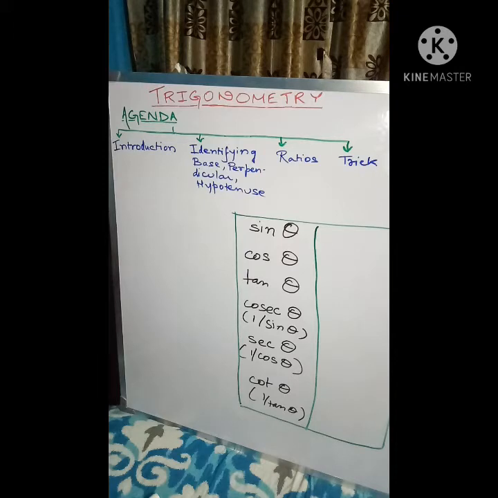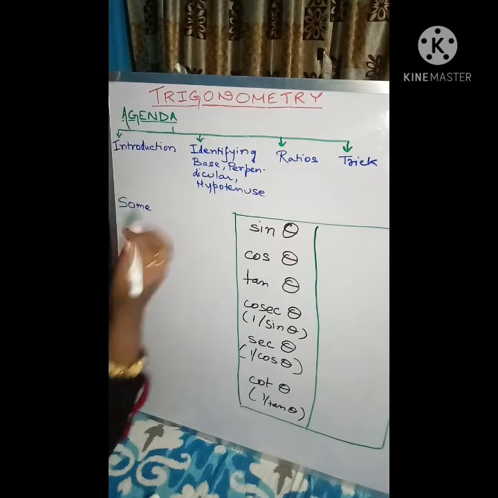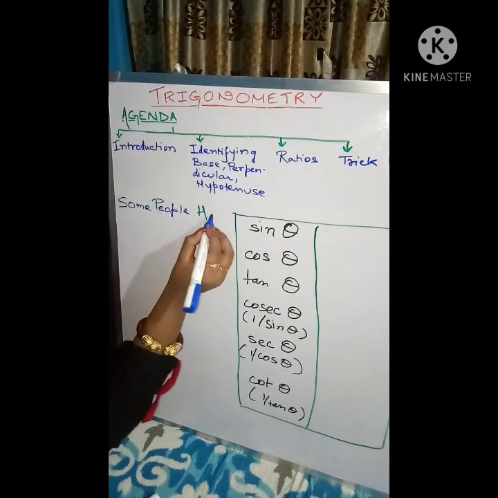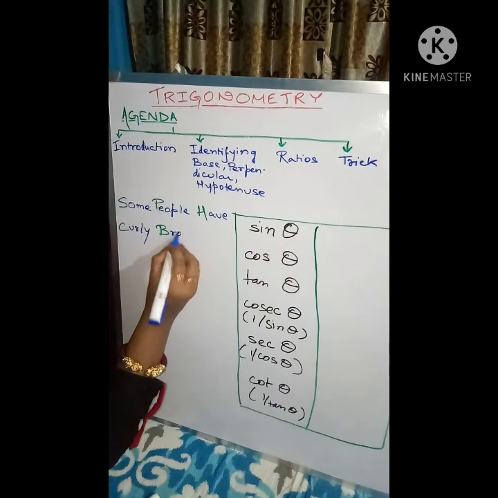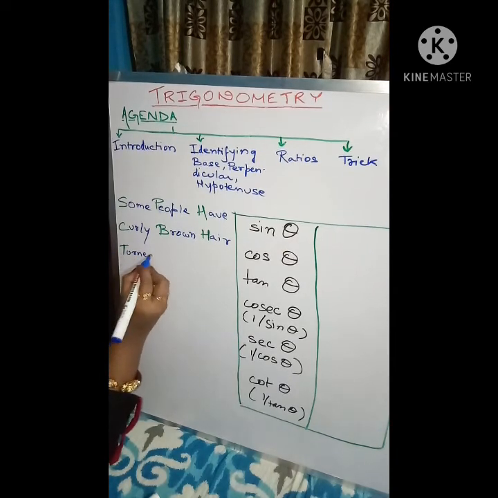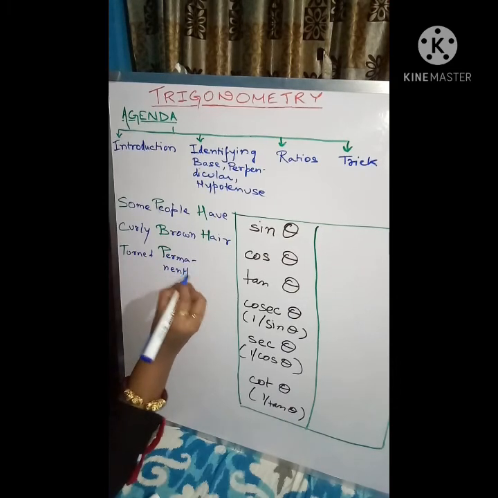Now, what are these 3 lines? These 3 lines are: some people have curly brown hair turned permanently black.